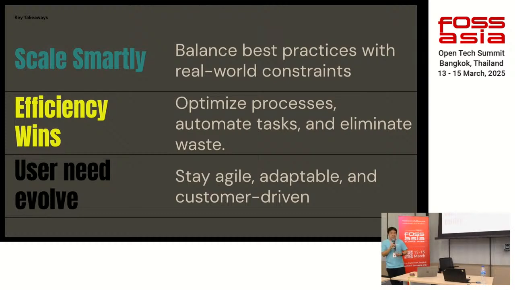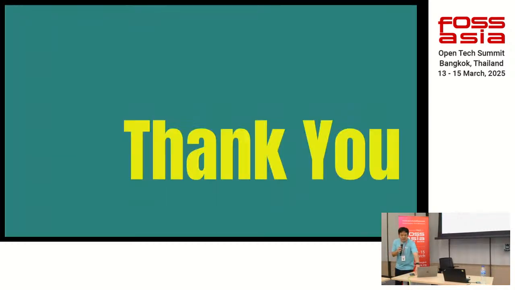And user needs evolve, because even 5 years after we launched the product, these features still need to evolve over time, because users have new knowledge and new things to do. So yeah, all the analytics that you have. This is the key that we have for scalability. Okay, thank you.